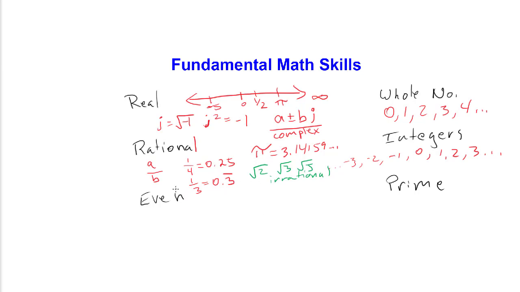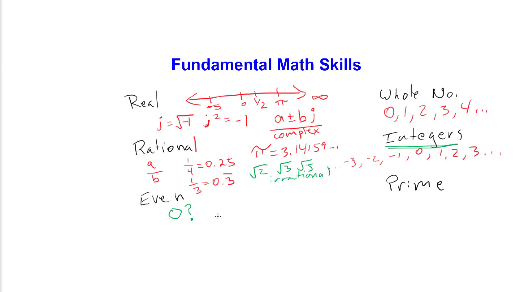Okay, other number types, even numbers. Even numbers only apply to integers. The concept of even does not make sense for fractions or decimals, so don't even think of it outside of integers. But an even number is anything that's divisible by 2 or a multiple of 2. So we might ask questions like, is 0 even?